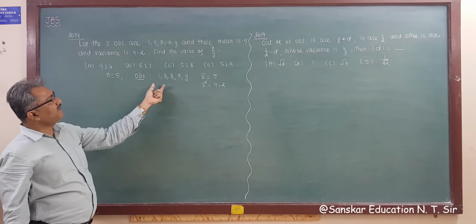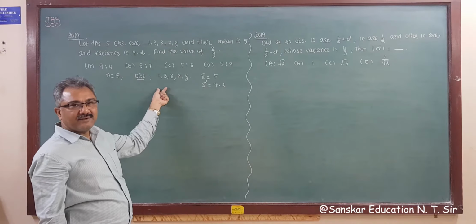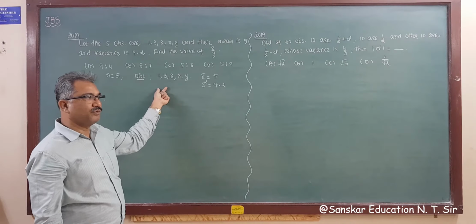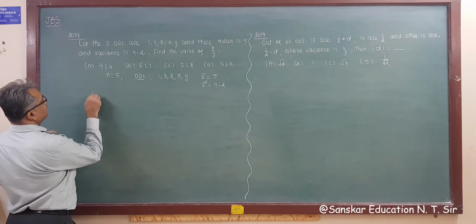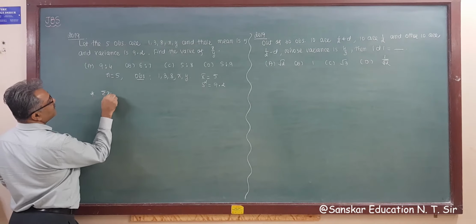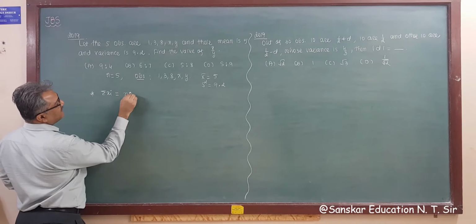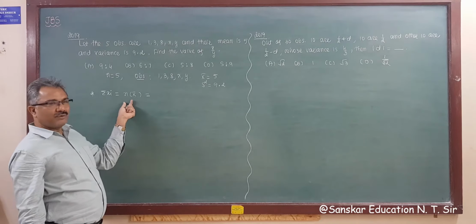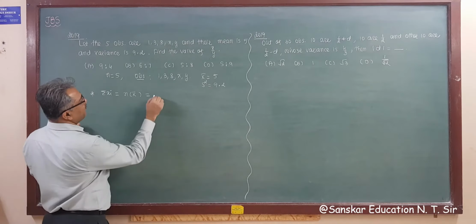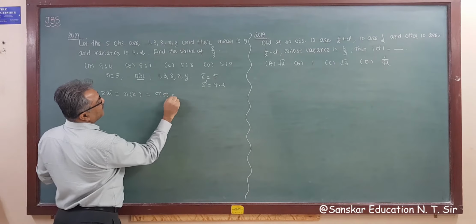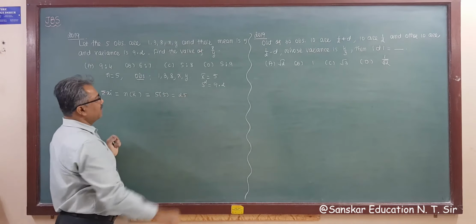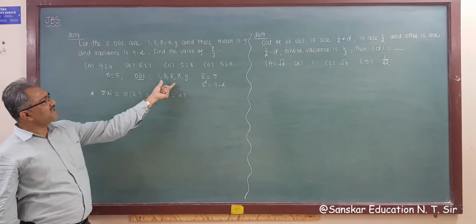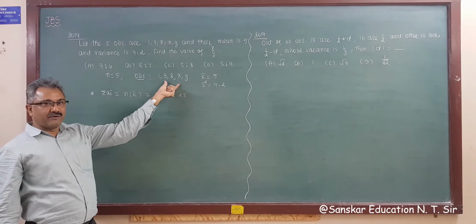Now we need sigma xi and sigma xi square. First, sigma xi is n into x bar. N is 5 and x bar is 5, so sigma xi is 25. But the observations are these, and we have to find the value of x and y.